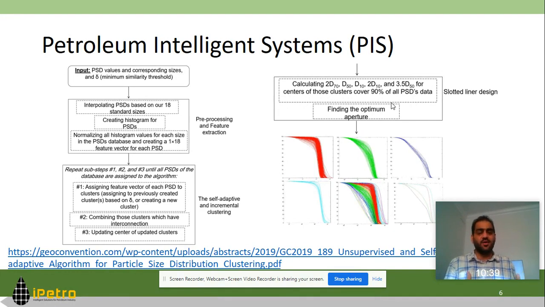These algorithms that were already developed in computer science cannot be used in our industry, because before the data processing, we don't have any idea how many clusters we may have in our database. So this is another example of petroleum intelligence systems that helps the human expert, makes a workflow intelligent and increases the speed of a process.